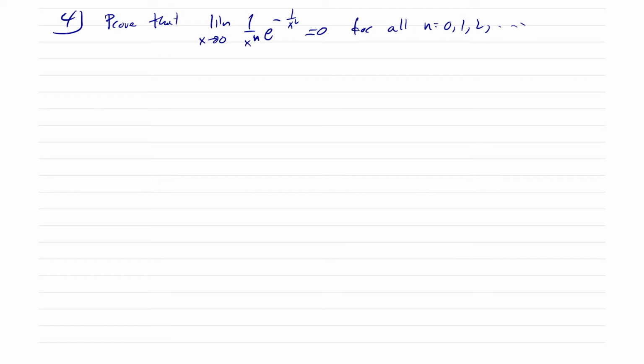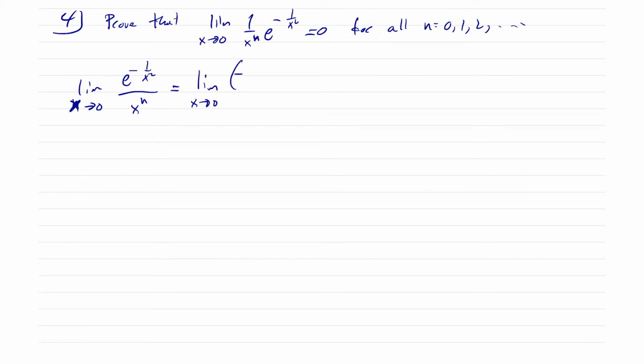We can say the limit as x goes to 0 of e to the minus 1 over x squared divided by x to the n. Well, that is going to be equal to the limit of the derivatives. So limit as x goes to 0, and the derivative at the top is going to be, what?